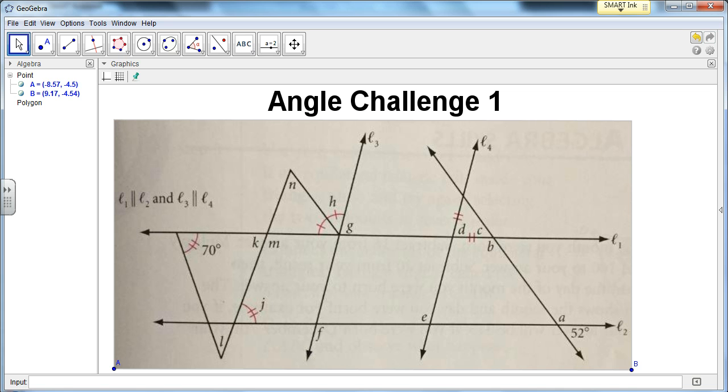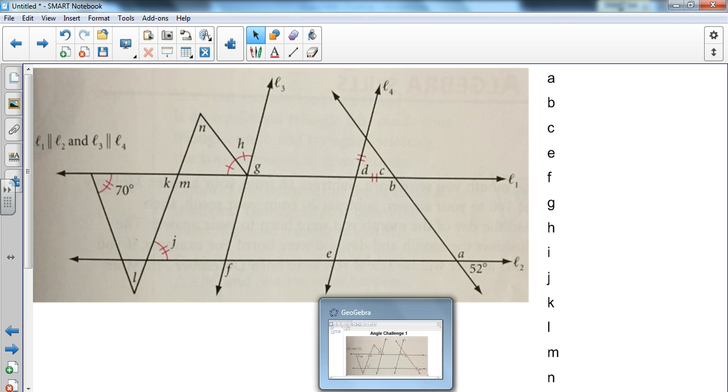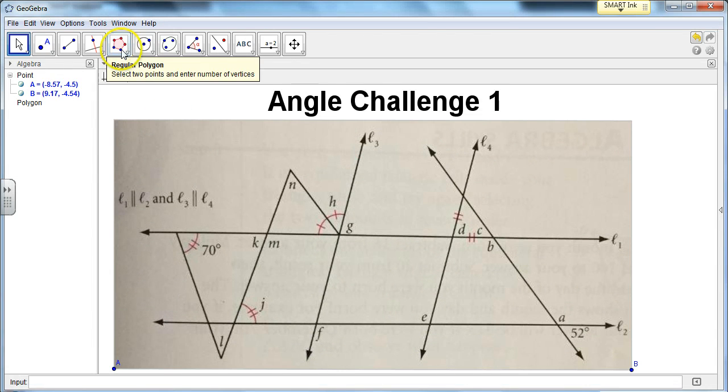figure some stuff out. Now I'm going to go between GeoGebra and my Smart Software. Smart Software is where I'm going to put the answers and do some additional marking, I'm sure. But I'm going to use GeoGebra as well, like the polygon tool, to help us visually see triangles, quadrilaterals, and things in this diagram.